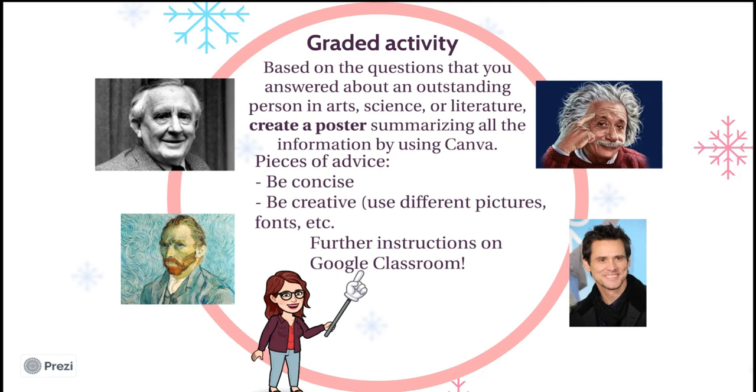So let's check some pieces of advice. Number 1, be concise. You have to summarize all that information so your poster is great to see. Number 2, be creative. You can use different pictures, fonts, styles, etc. Further instruction on Google Classroom.